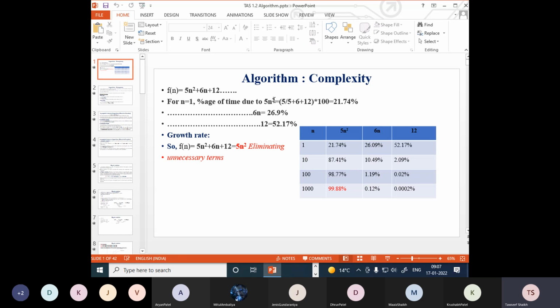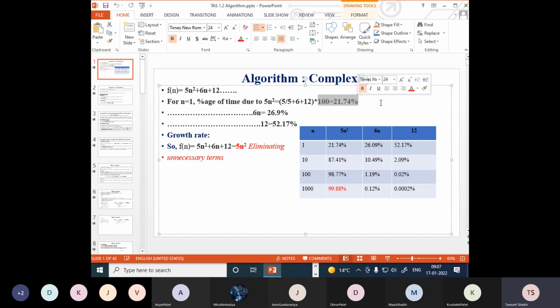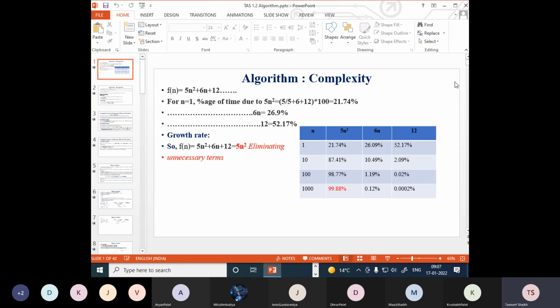The time taken by this quadratic term divided by the total, that is 5 divided by 5 plus 6 plus 12. Whenever we perform this numerical experimentation and multiply it by 100 to convert into percentage, we will get 21.74. You can do this just by using paper and pencil.